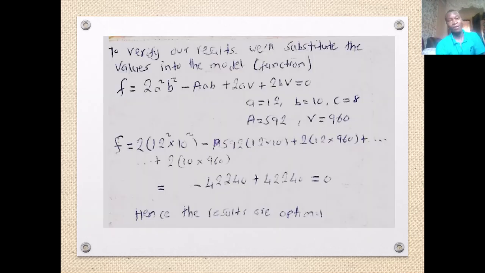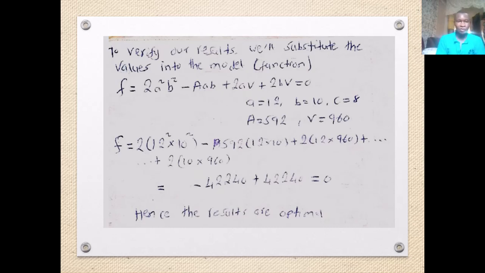Now let's go ahead and verify our results. It is good to verify if our results are optimal, so that we can be sure before we invest our surplus into a project. We have to be very sure that it's going to give us what we need. So to verify the results, we are going to substitute the values that we have computed into our model, which is Boas optimization model, and it's going to be confirmed.